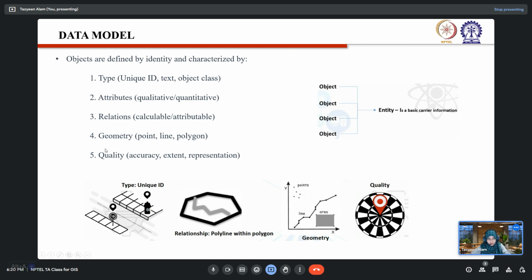Fourth defining characterization is your geometry. So geometry is nothing but simply your point, line, and polygon. So if, let's say, in an urban area we are trying to identify a road, we identify it from its geometry. So we say that all the line segments in this particular thematic mapping belong to the road category.